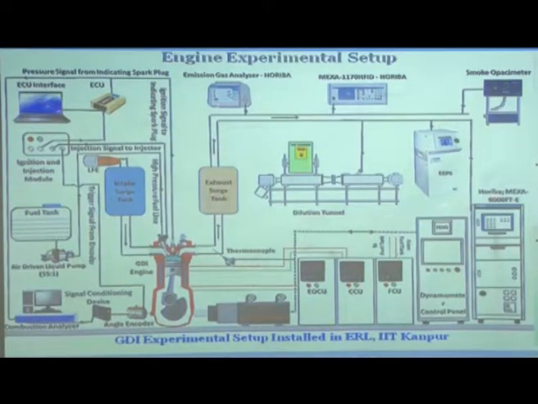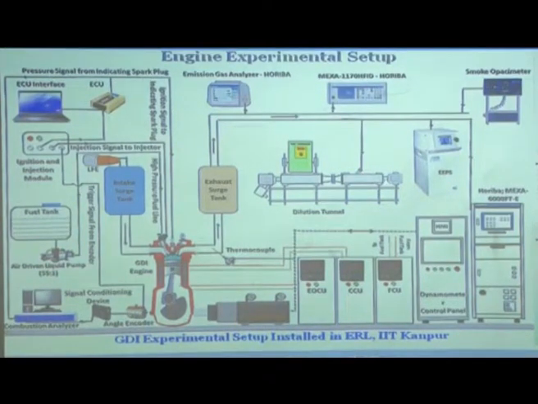So, you have a plethora of instruments to measure the exhaust. What are the instruments? Of course, you have a gas analyzer which tells you all the regulated emissions, CO, CO2, NOx, hydrocarbons, oxygen. So, all that is told by this guy. And there is a hot FID instrument. It tells you very precisely what is the hydrocarbon emission coming out. Okay.